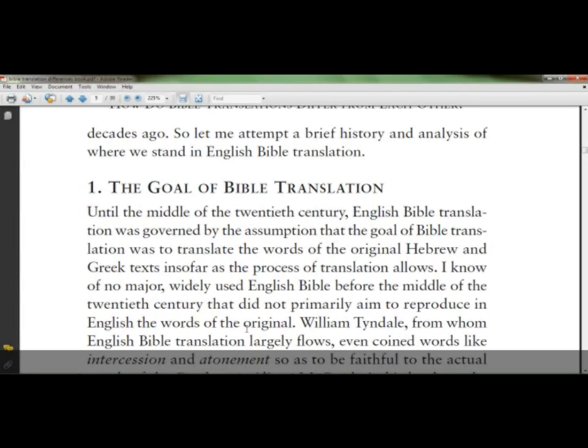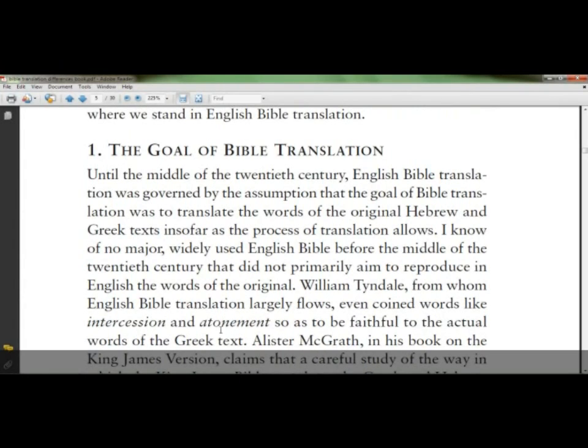William Tyndale, from whom English Bible translation largely flows, even coined words like intercession and atonement, so as to be faithful to the actual words of the Greek text.